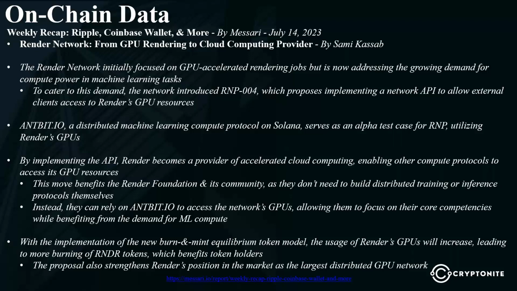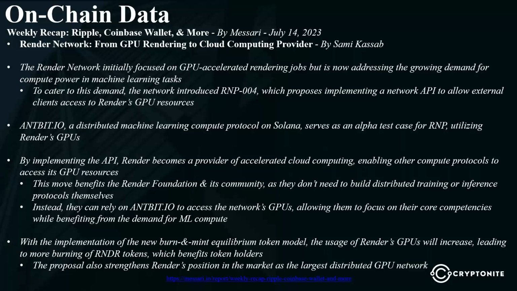Antbit.io, a distributed machine learning compute protocol on Solana, serves as an alpha test case for RNP, utilizing Render's GPU. By implementing the API, Render becomes a provider of accelerated cloud computing, enabling other compute protocols to access its GPU resources.